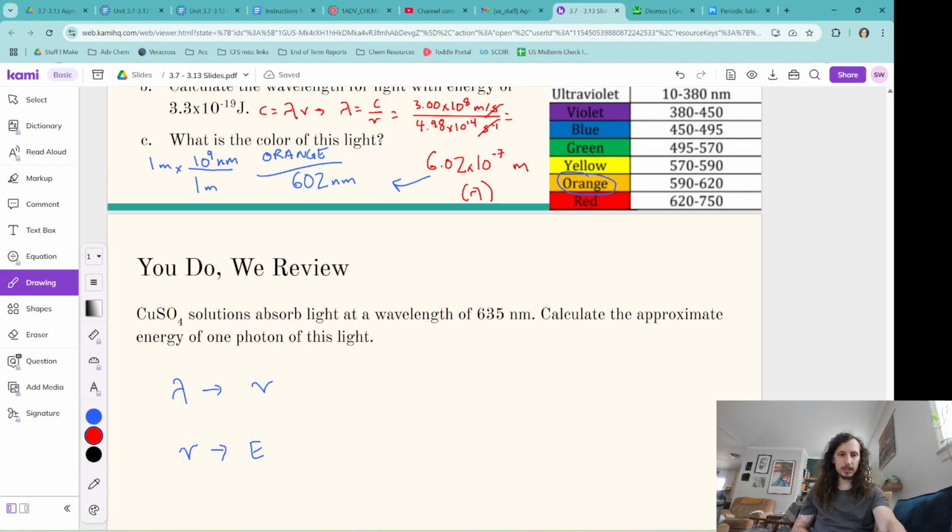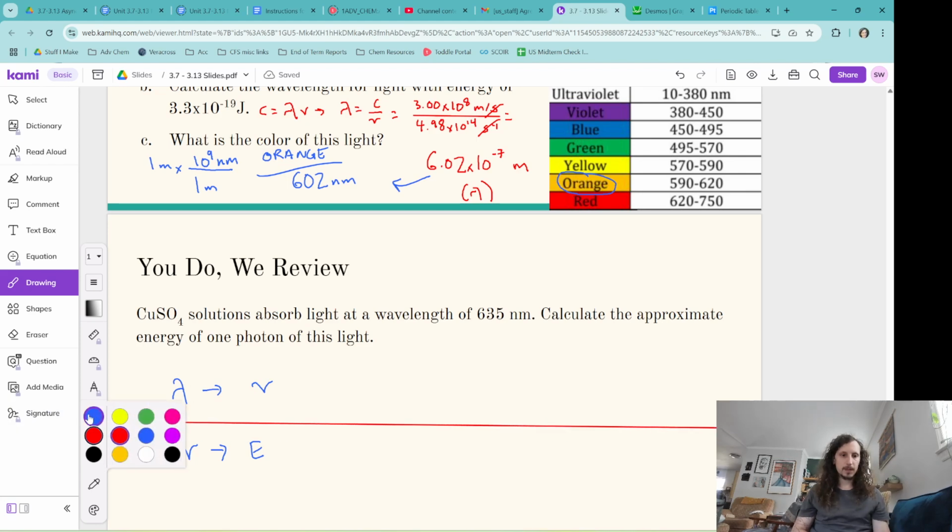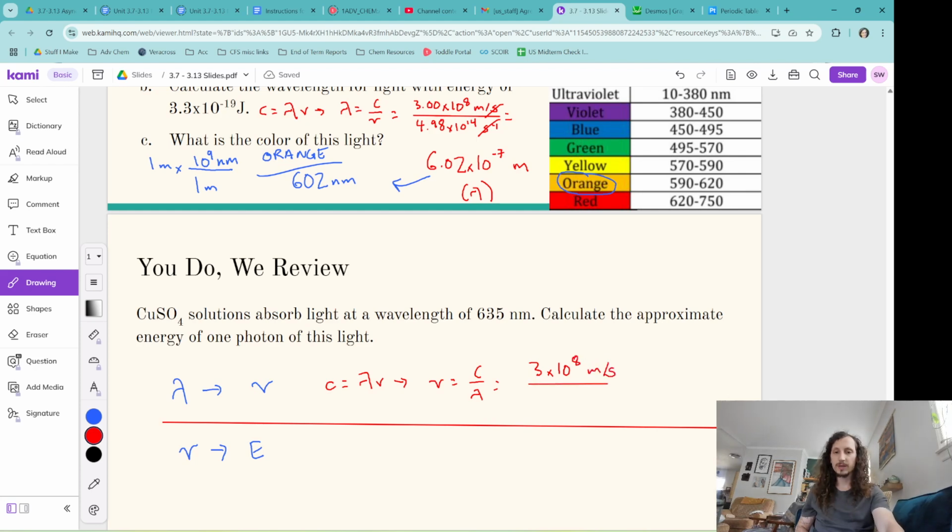So let's look at it. We've got c equals lambda nu rearranged to find the frequency. It's nu equals c over lambda. So c is still the same old 3 times 10 to the positive 8 meters per second. But here we have to pay attention to units, right? I'm given a wavelength in nanometers. I have to convert that to meters, so that the units play nice.